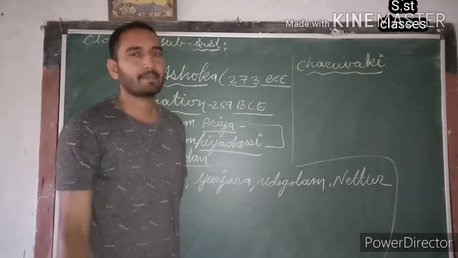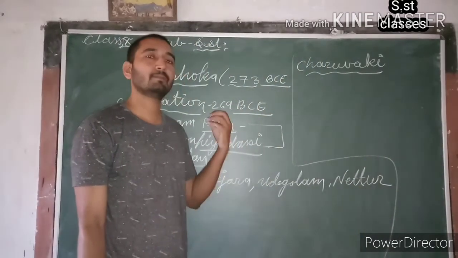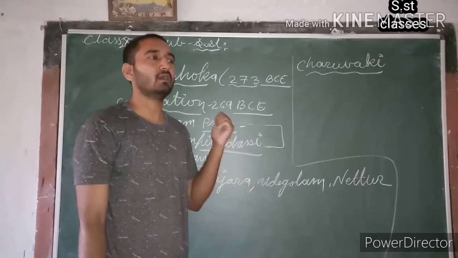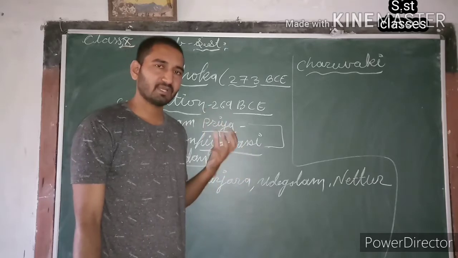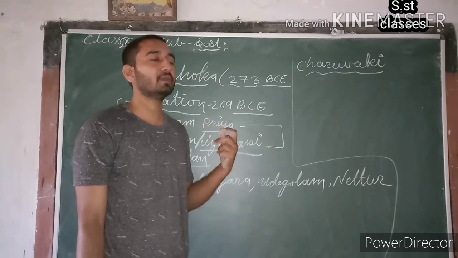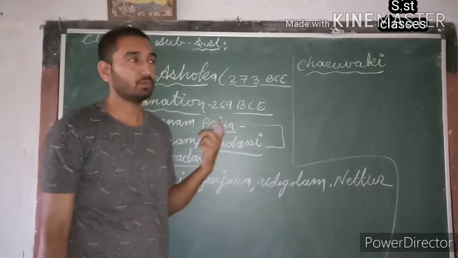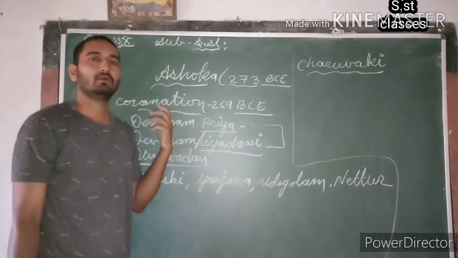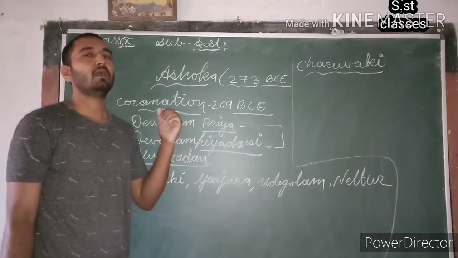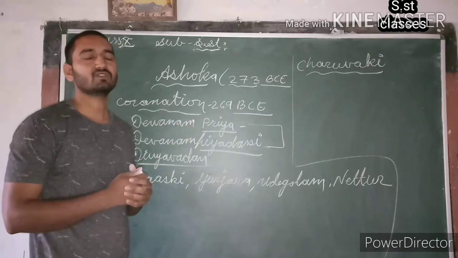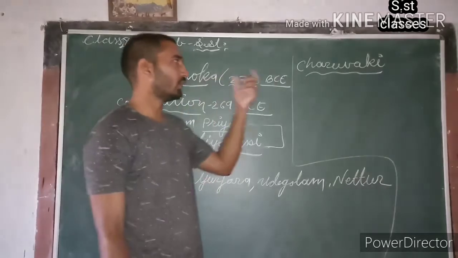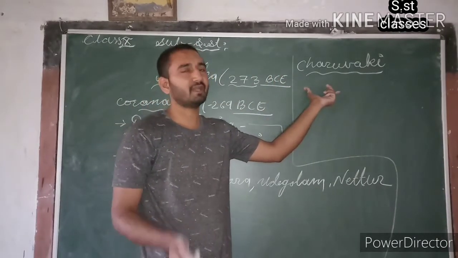Except that, according to Deepvans, Mahavans, Divya Pradhan and Jain texts, Ashoka had Asandimitra, Padmavati and Devi, a daughter of a Brahman from Vidisha, whose son and daughter were Mahendra and Sanghamitra.